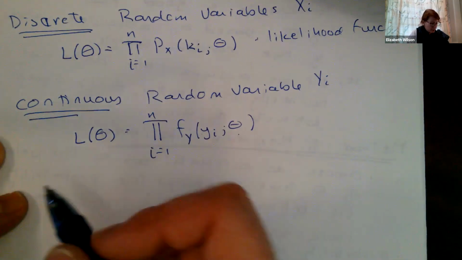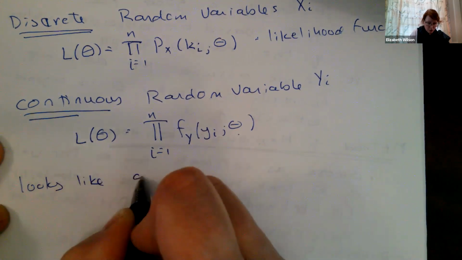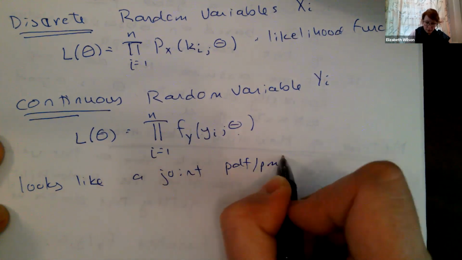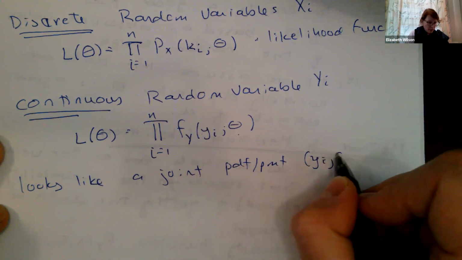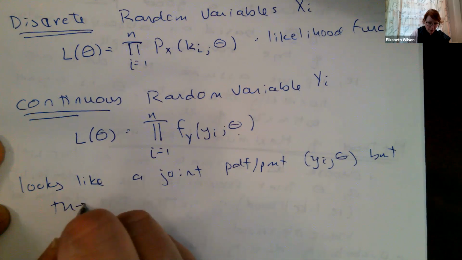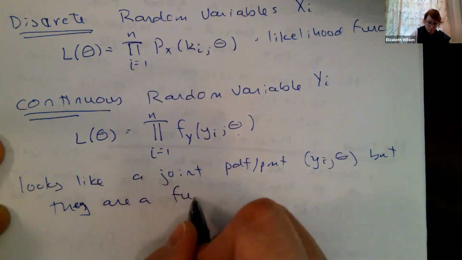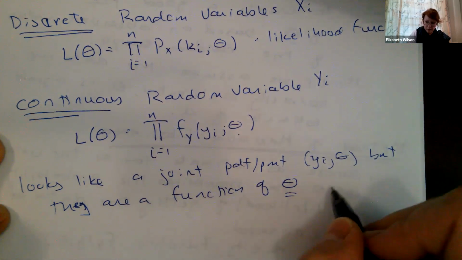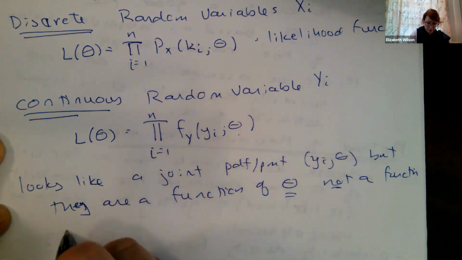But let me just write it down for posterity. So it looks like a joint PDF or PMF, right? Because I've got this y sub i and then theta. I've got two parameters, right? But these things are a function of theta, not a function of k or y.